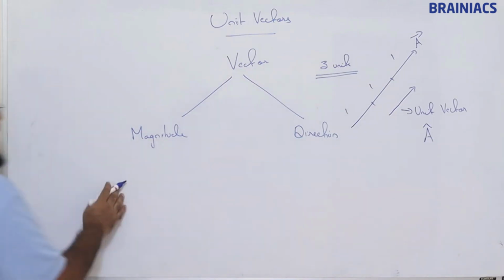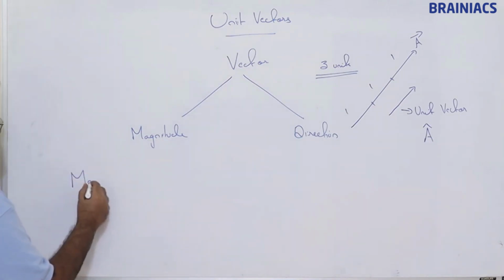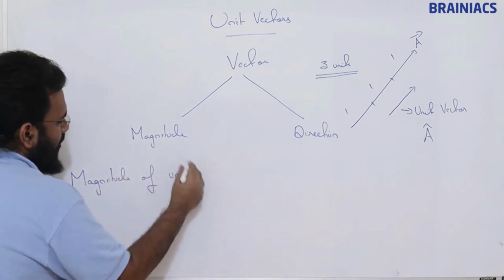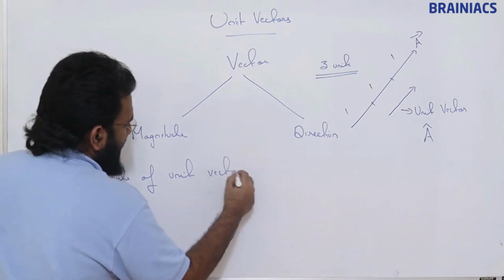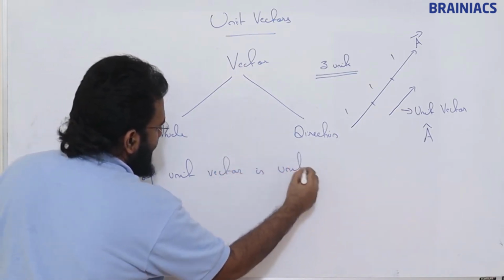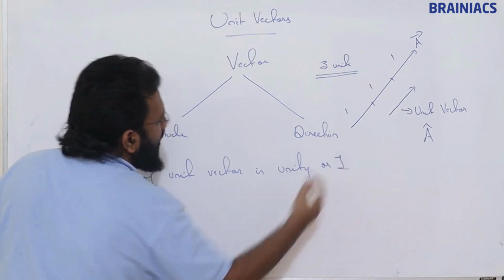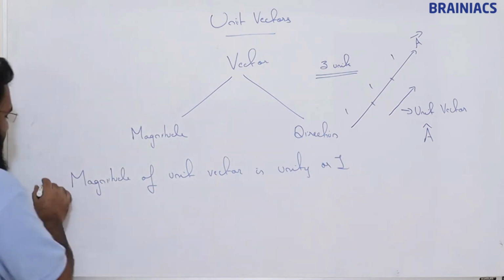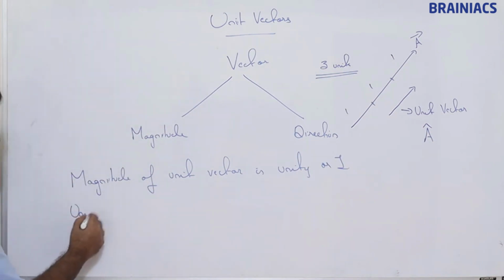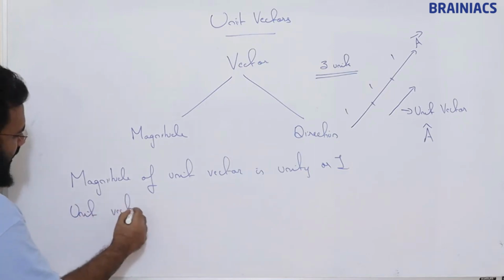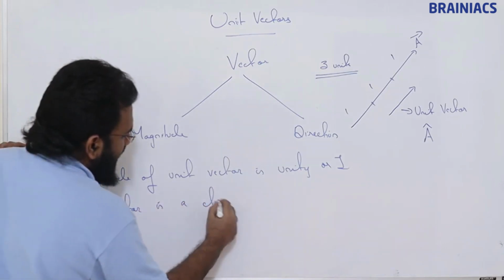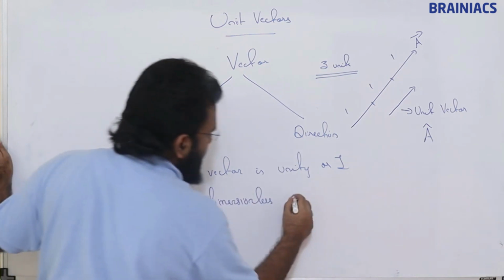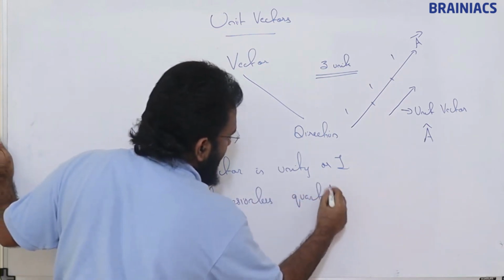One point: the magnitude of a unit vector is unity, or 1. Another point: a unit vector is a dimensionless quantity.